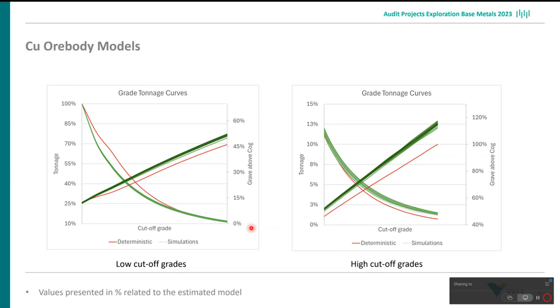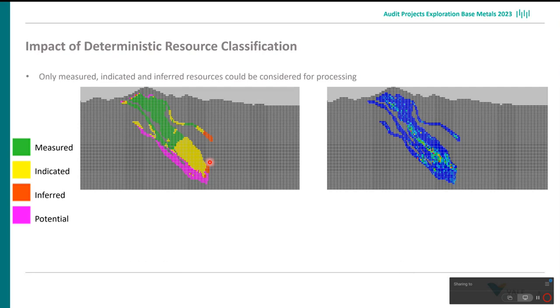Regarding the average grade above the cutoff grade, you see that the estimated model consistently underestimates these grades. Why I'm focusing on this is because we observed something interesting as well.